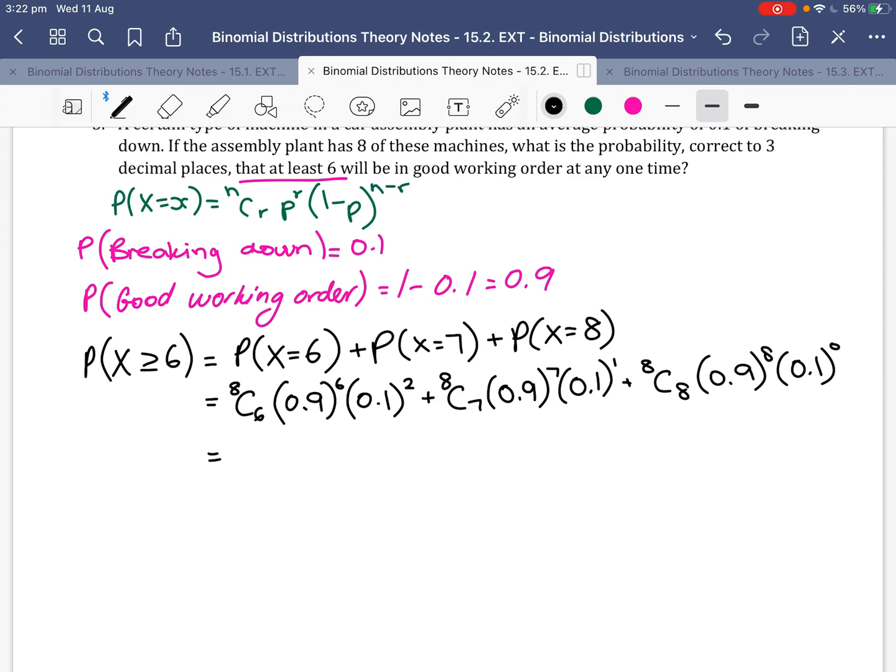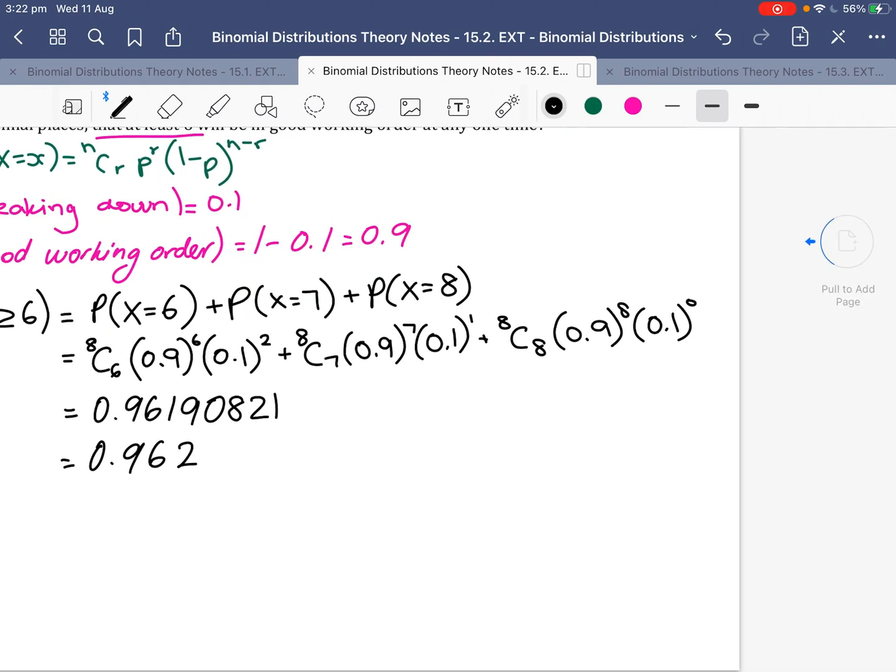And when we put this all into our calculator, we get 0.96190821. And let's round that. It says correct to 3 decimal places in our question, so 0.962.